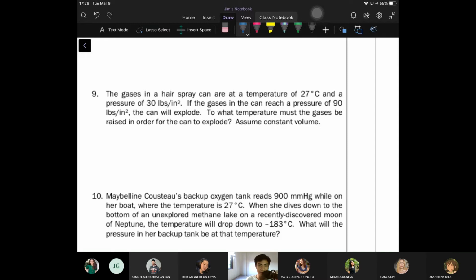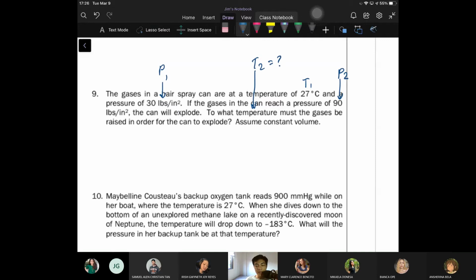Ang initial state natin ay yung temperature ay 27 degrees and ang pressure ay 30 pounds per square inch. But, if you can manage daw to increase the pressure to 90 pounds per square inch, ibig sabihin yun na yung final state natin. So, what will be the final temperature?